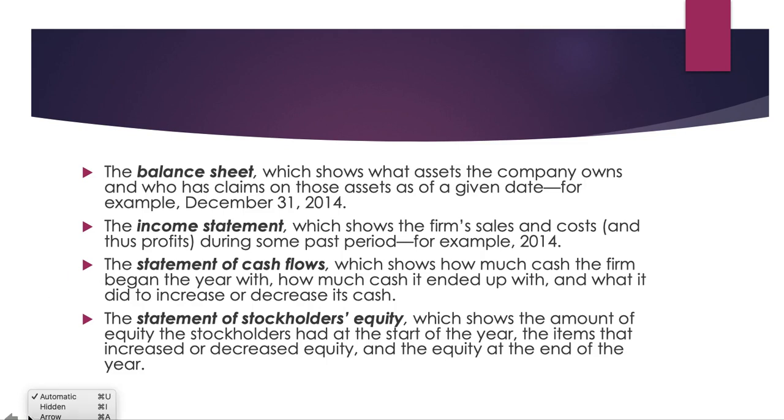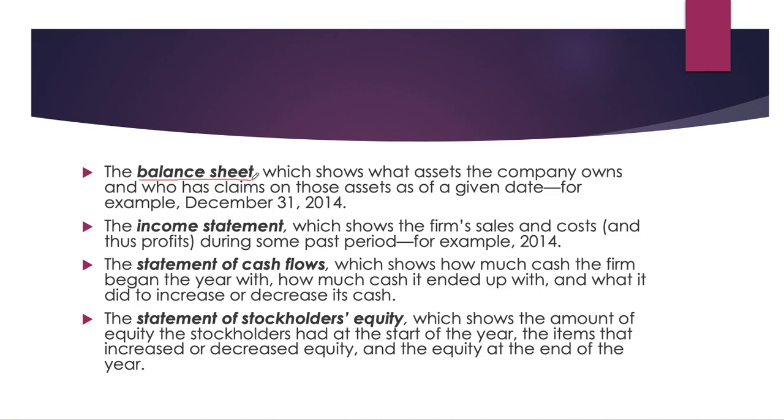And then we have some financial statements that are very useful for investors and stockholders. The first one is the balance sheet. The balance sheet shows what assets the company owns and who has claims on those assets as of a given date.